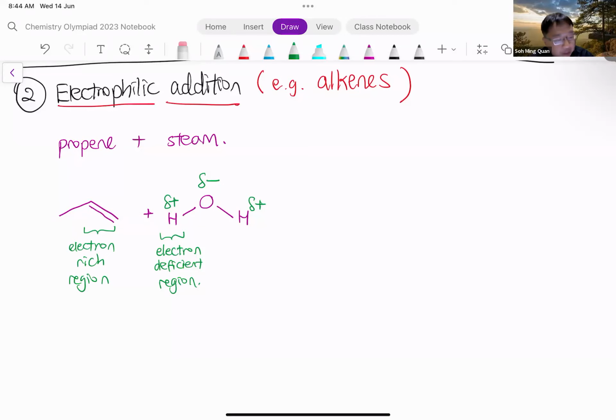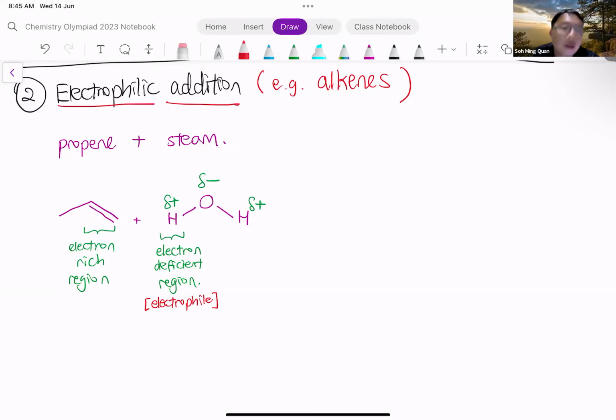So what's going to happen now? Clearly the double bond has electrons, and the hydrogen wants electrons. The thing that wants electrons is called the electrophile. So the delta plus hydrogen atom is a very good electrophile.